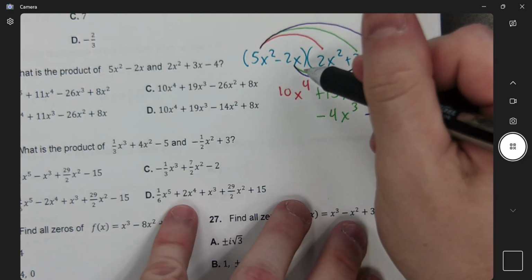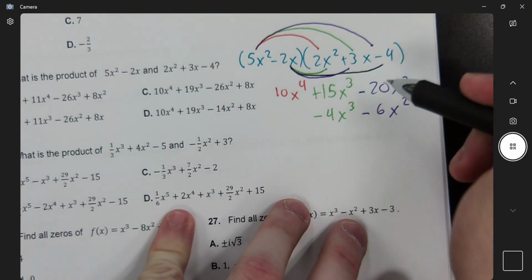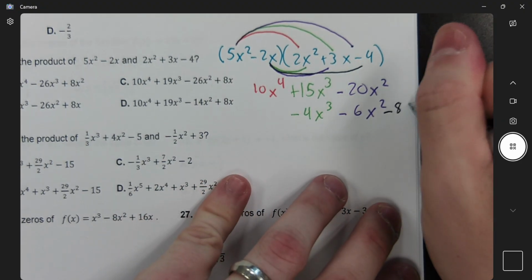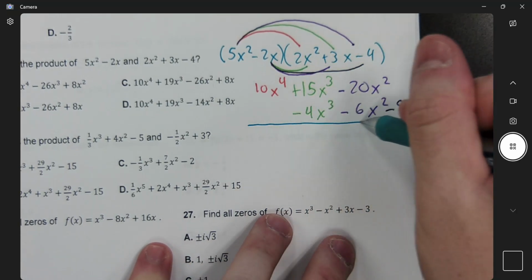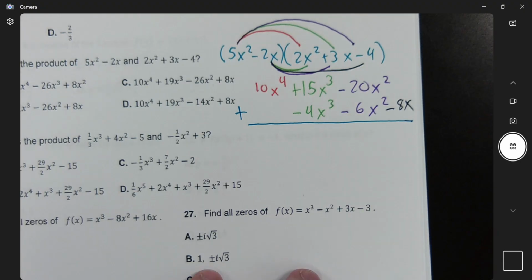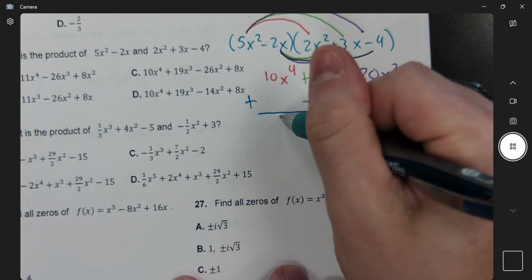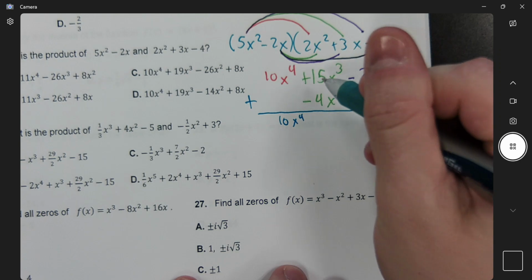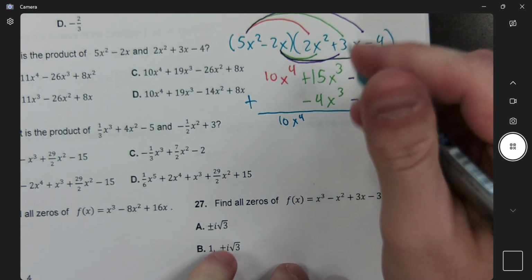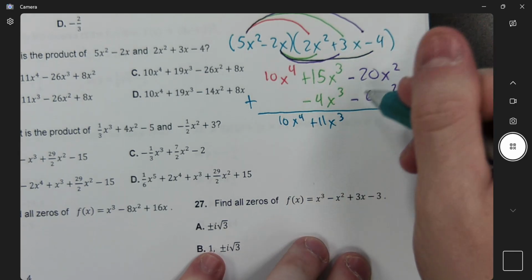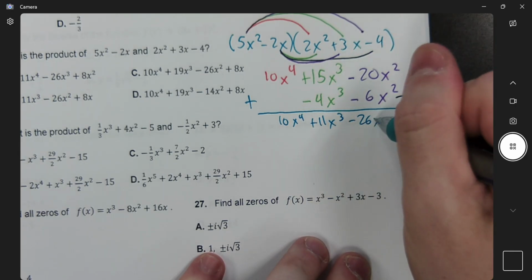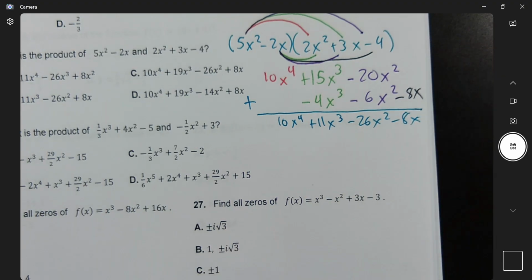And I'll grab the black one here. 2x times -4 is -8x. So if you want to add straight down, let's see what you get. 10x to the 4th. 15 and -4 adds to 11. -20 and -6 is -26. There we are.